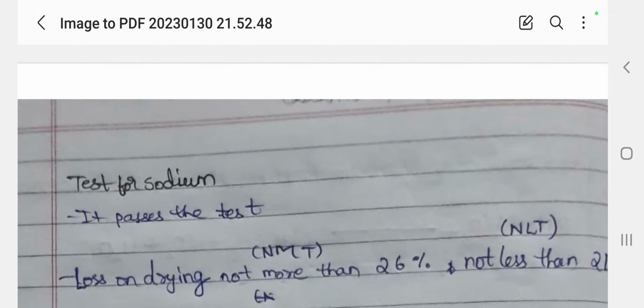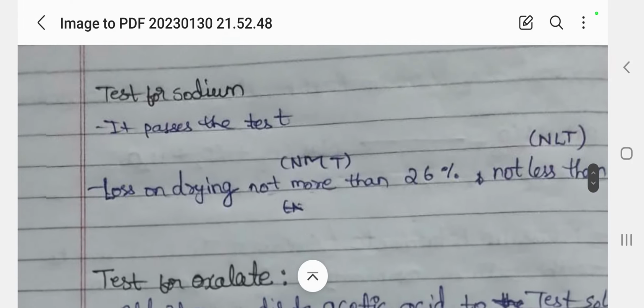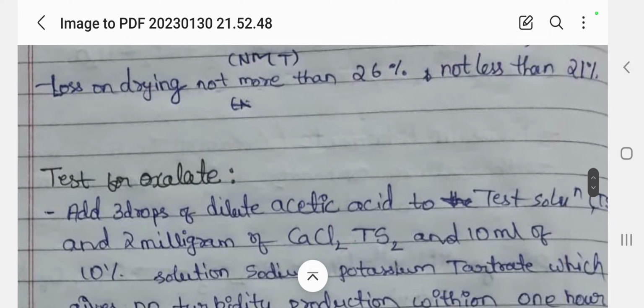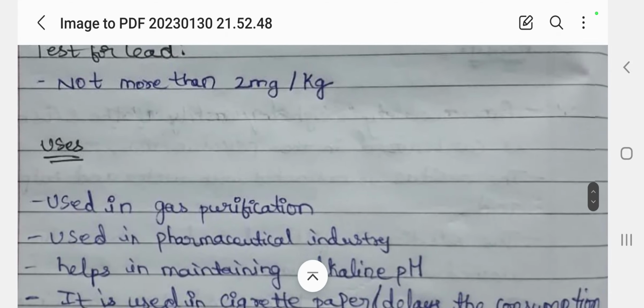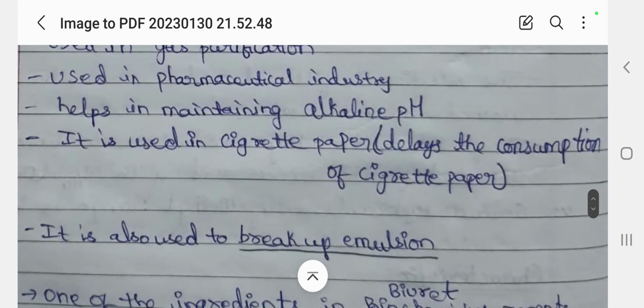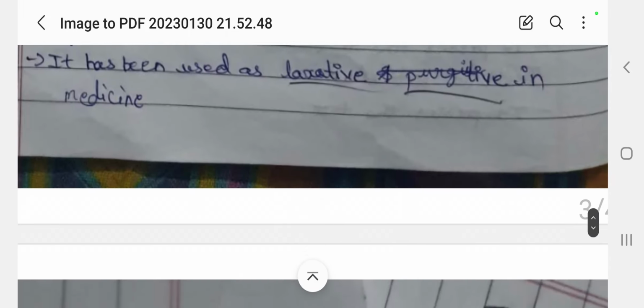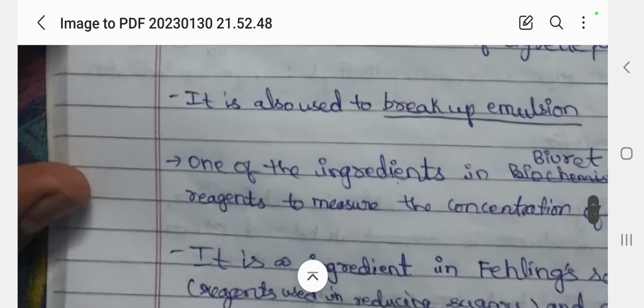We discussed, as per the monograph, the molecular formula, molecular weight, properties, preparation, test for purity and assay. This is the format to write an inorganic pharmaceutical substance. Okay, thank you.